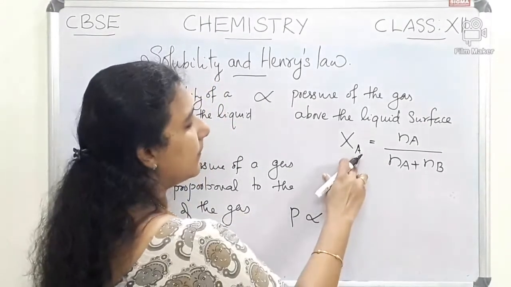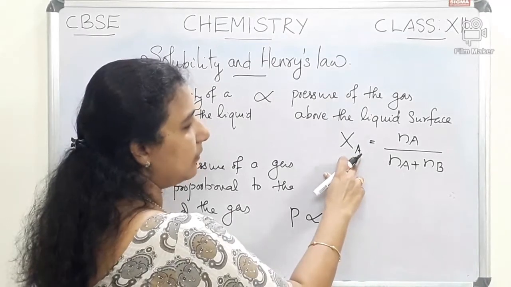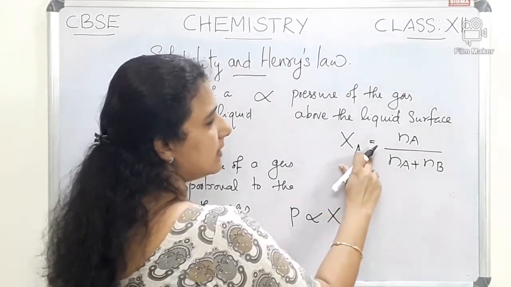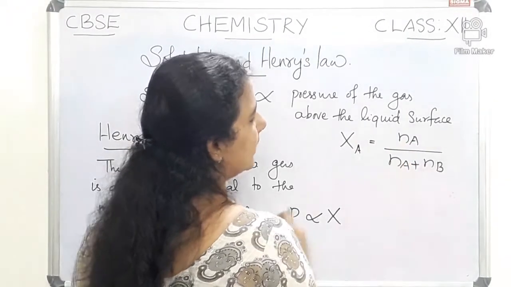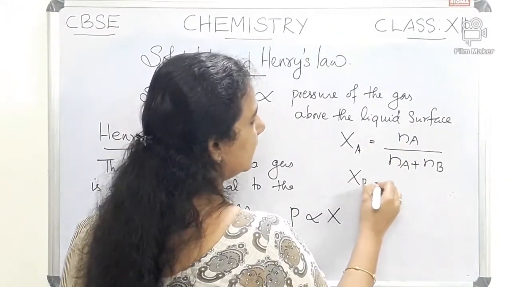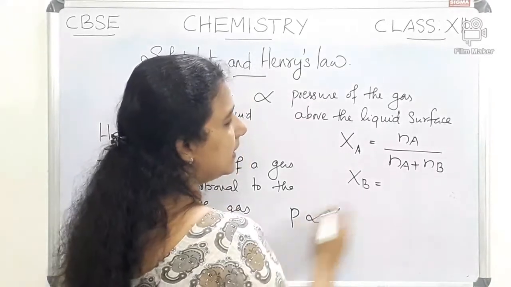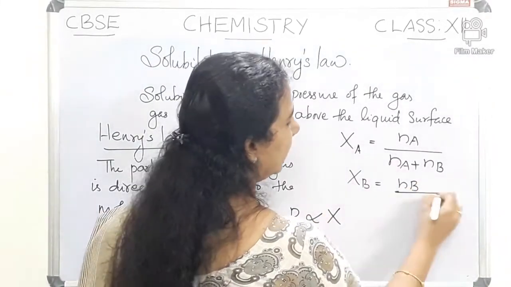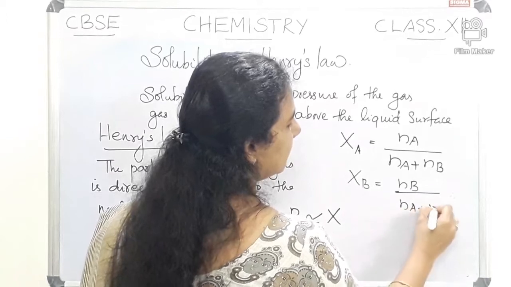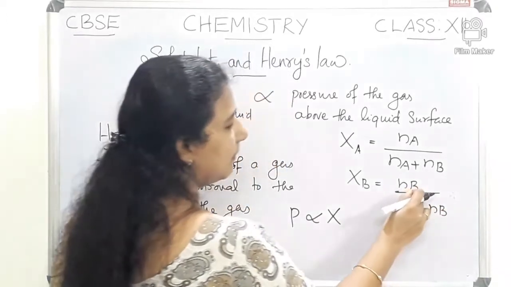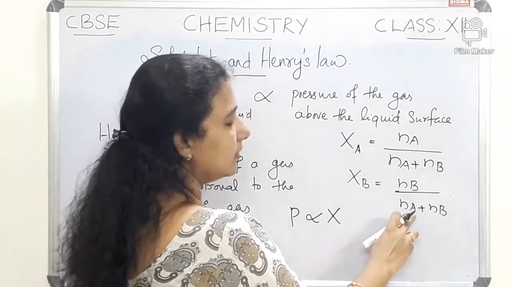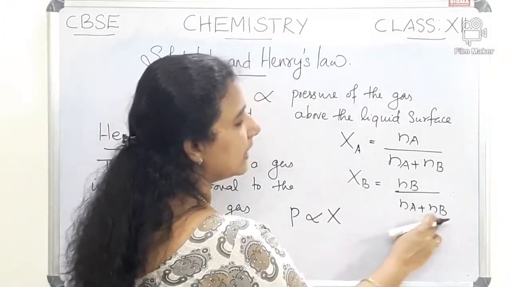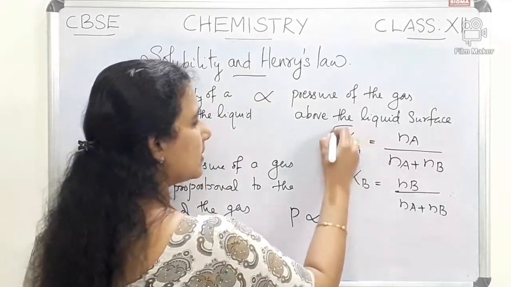So Xa, the mole fraction of component A, is calculated as Na by Na plus Nb. Xb, the mole fraction of component B, is equal to Nb divided by Na plus Nb. That is the number of moles of component B divided by the total number of moles of components A and B. So this is about mole fraction.